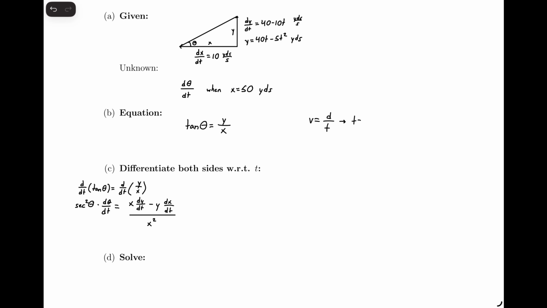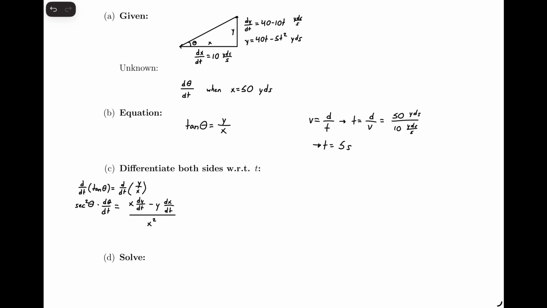I have that time is equal to distance over velocity. I know the student traveled 50 yards, and he's traveling 10 yards a second. So this gives us t equals 5 seconds.